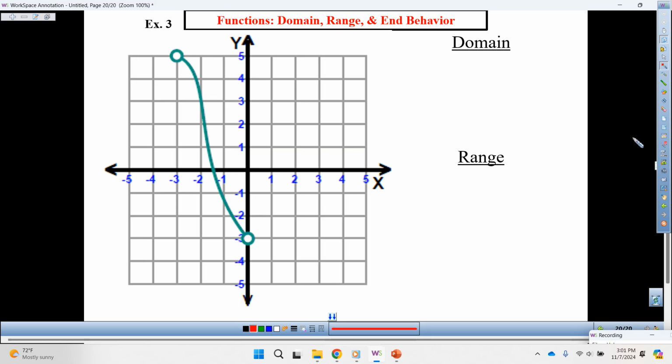All right, we're going to go with Sergio. He's going to help us with this one. Between what x values is the domain for that graph? -3. Zero.